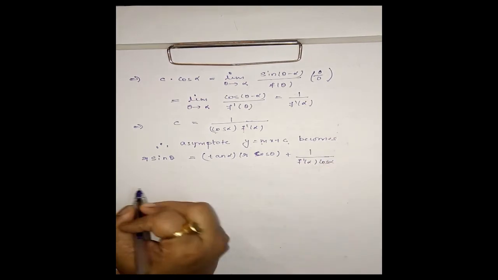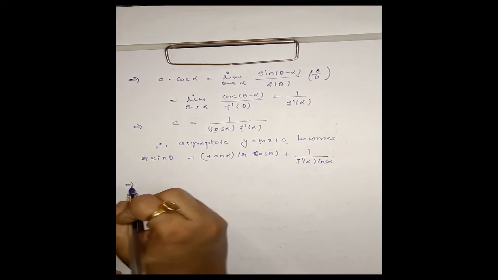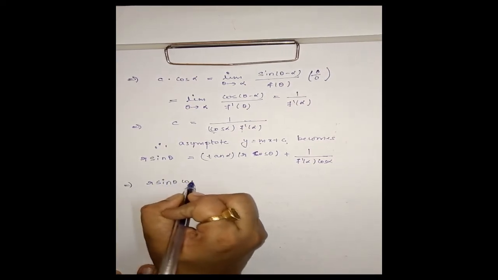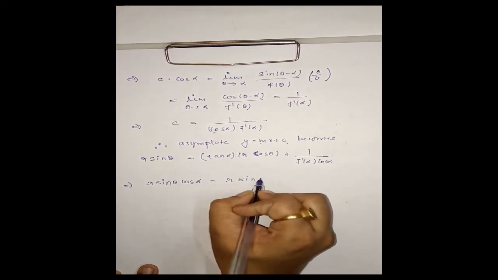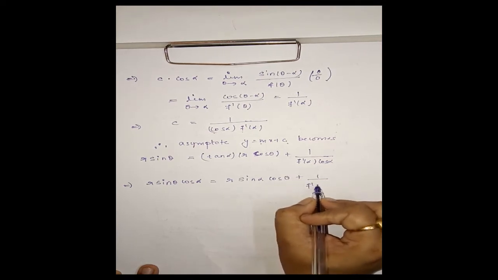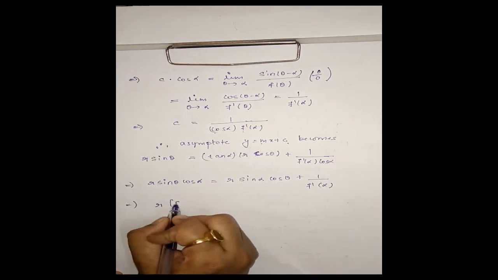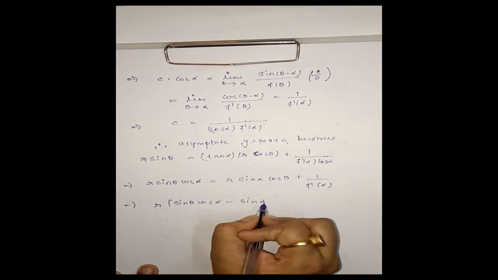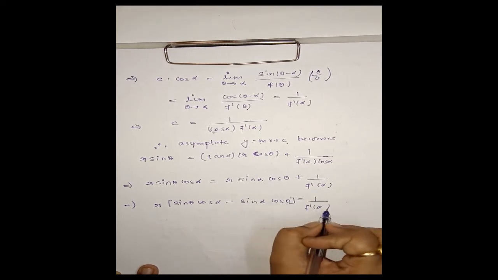Now this can be written taking tan alpha to be sin alpha upon cos alpha. I can write this as r sin theta cos alpha is equal to r sin alpha cos theta plus 1 upon f dash alpha. That means r times sin theta cos alpha minus sin alpha cos theta is equal to 1 upon f dash alpha.